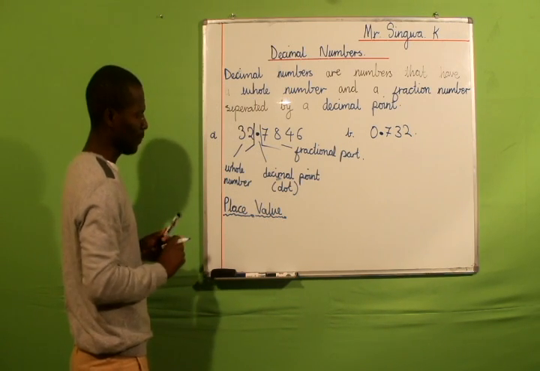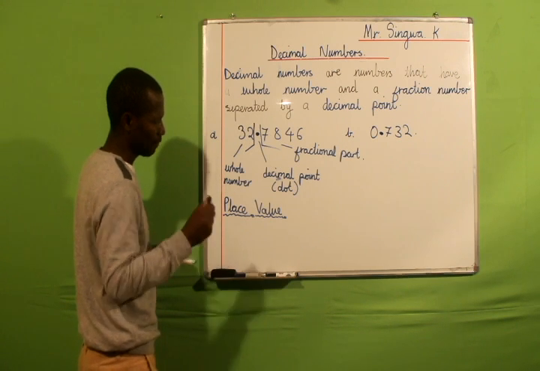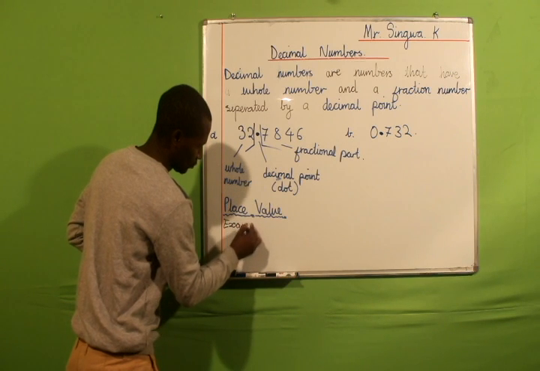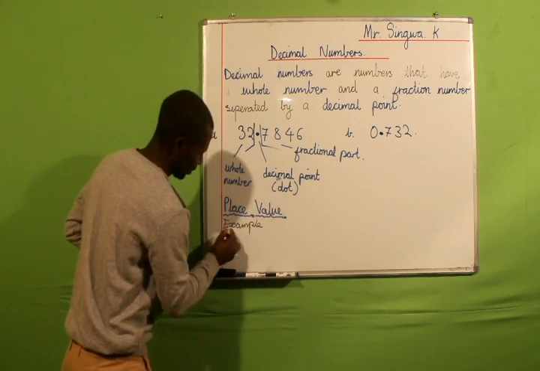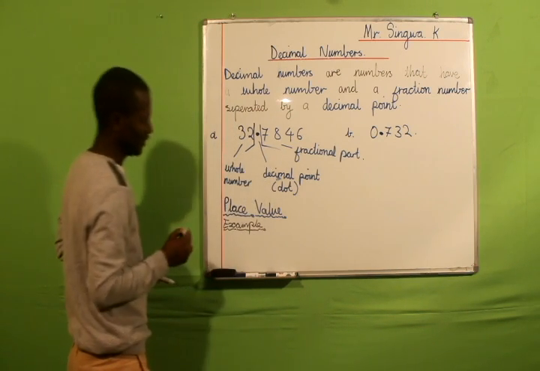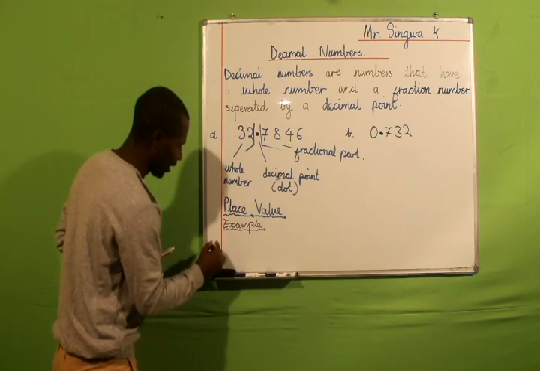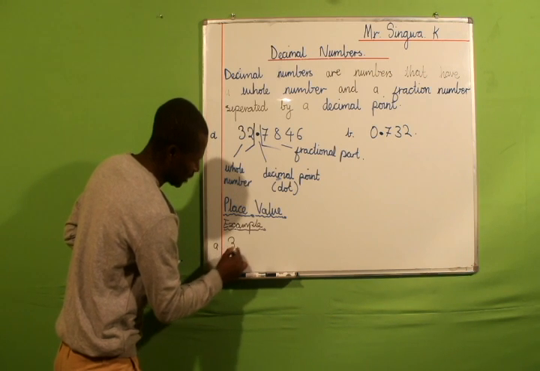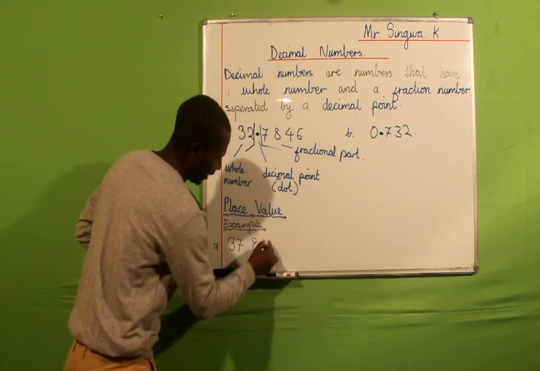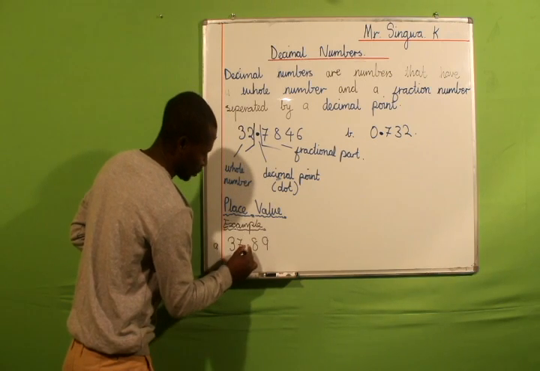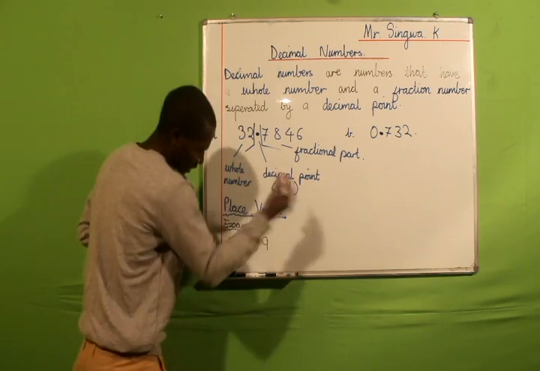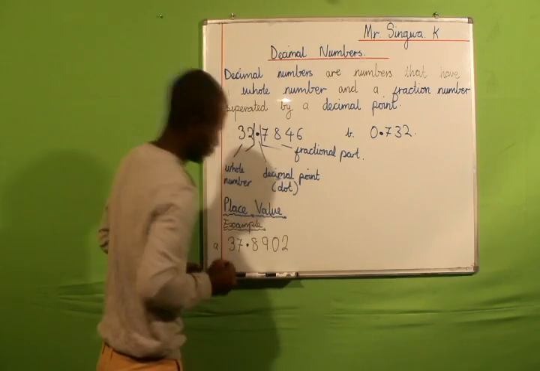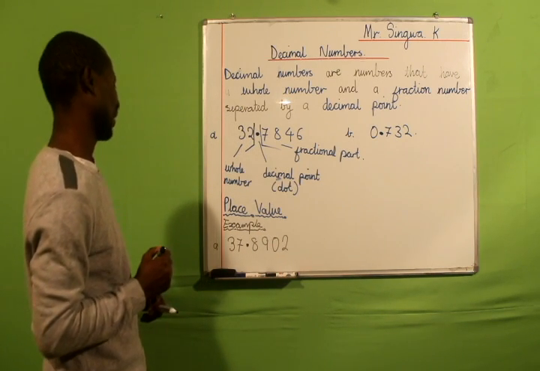For example, you may have a figure like, let's say A, you have 3, 7, 8, and 9 together with a point in between. Let me add some other figures, 9, 0, 2. You may have a number like this one.